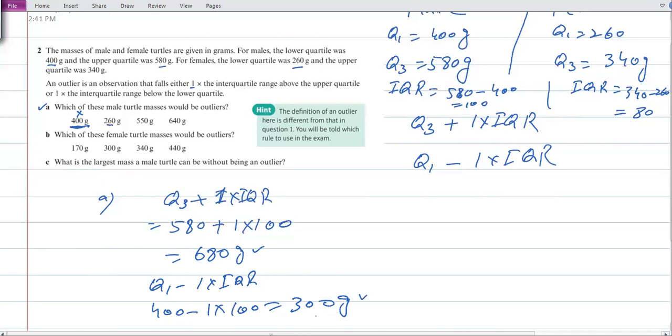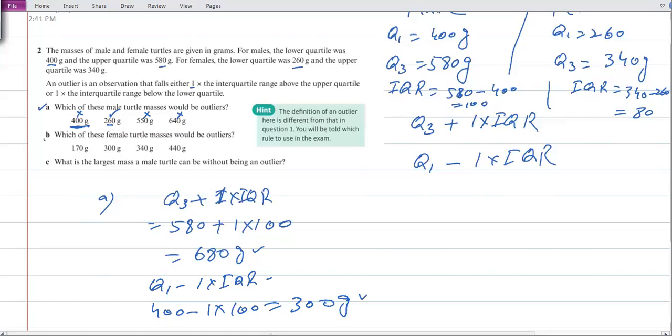Yes, 260 is less than 300, so it is an outlier, because an outlier is either less than this or more than this. 550 is not greater or less, so it is not an outlier. 640 is not greater than 680, not less than 300, so it is not an outlier.